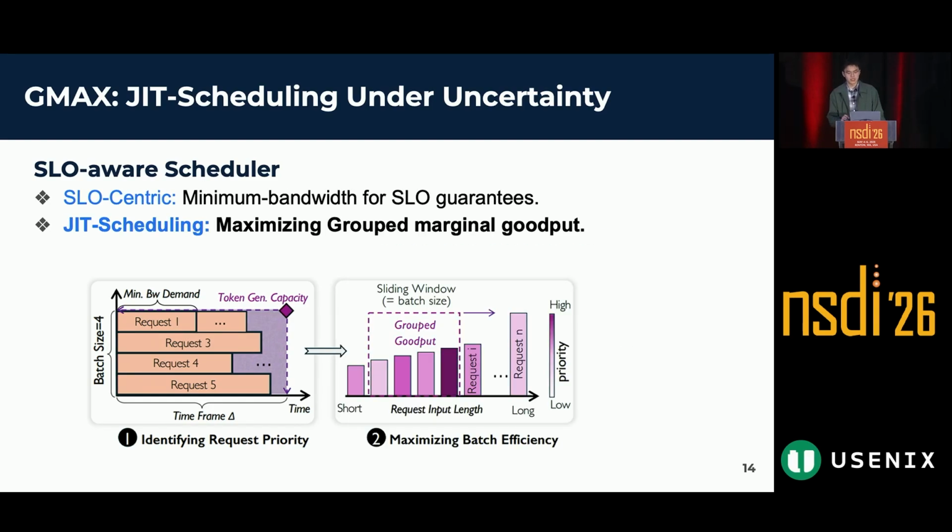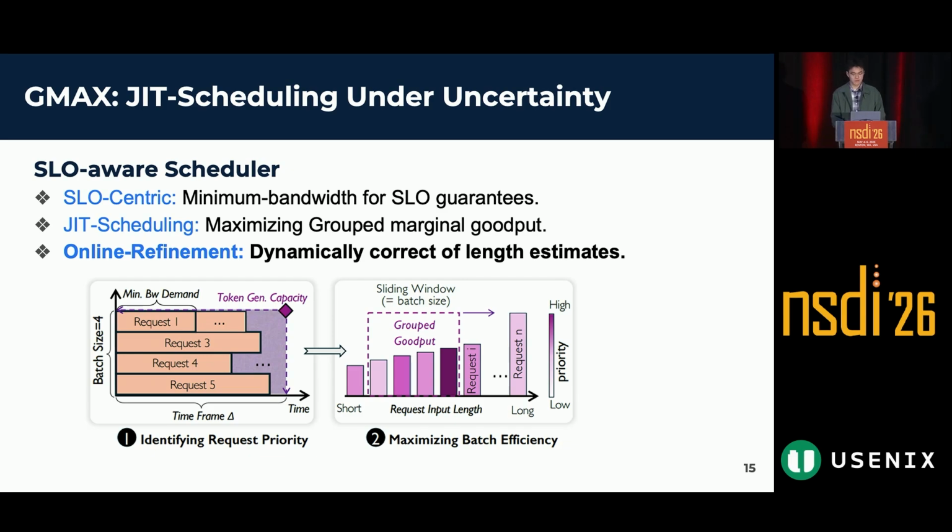Next, we sort the candidates by input length and slide a window of batch size across them, selecting the group with the highest aggregated priority. Within each time frame, we maximize the total SLO-satisfying tokens that the system can deliver. This joint strategy ensures that we keep input lengths homogeneous, which directly translates to faster per-step execution and better overall goodput.